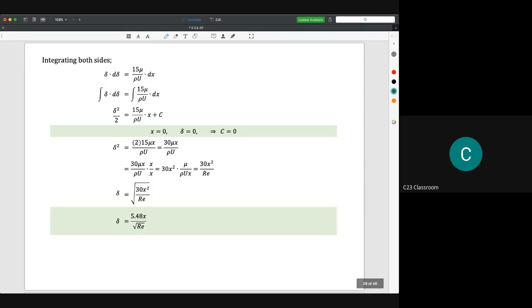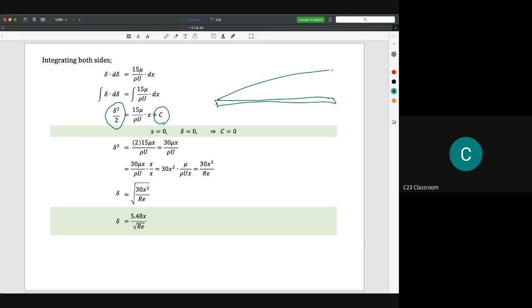Then we could integrate both sides. So we get delta square over 2 equals 15 mu over rho u times x plus c, where c is the constant. We need to determine the value of c. How to determine this one?